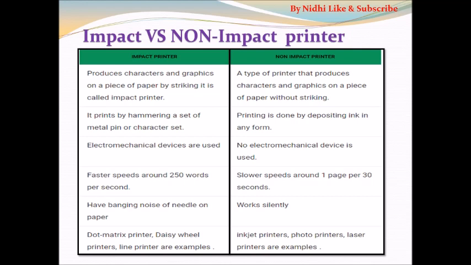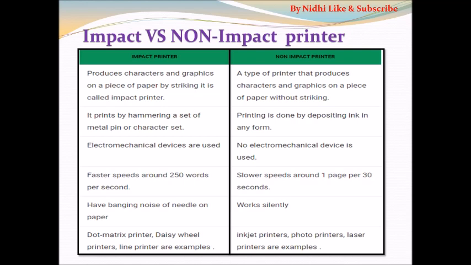Next, impact printers have the banging noise of needles on paper, so they are more noisy, and compared to them, non-impact printers are less noisy. And last but not least, dot matrix printers, daisy wheel printers, and line printers are examples of impact printers, whereas inkjet printers, photo printers, laser printers, and 3D printers are examples of non-impact printers.